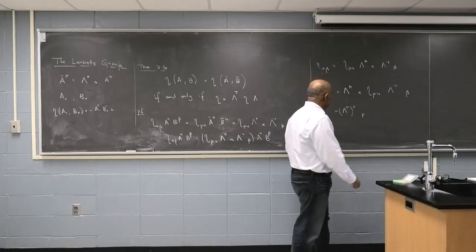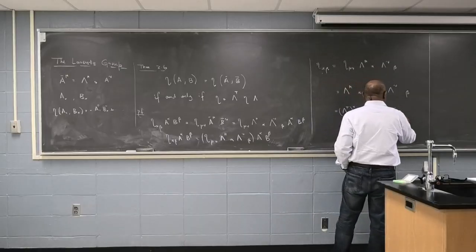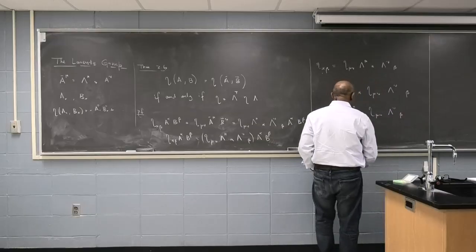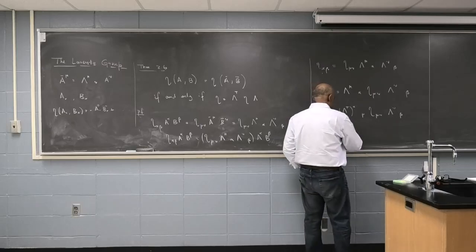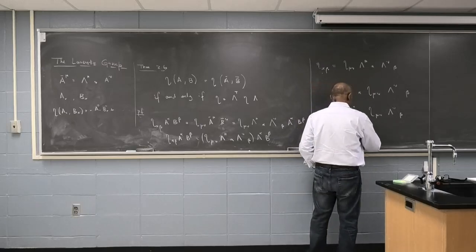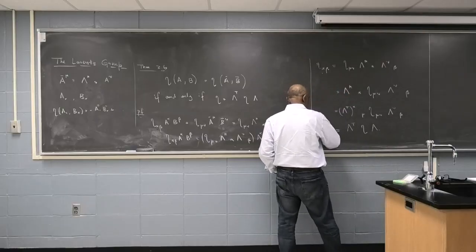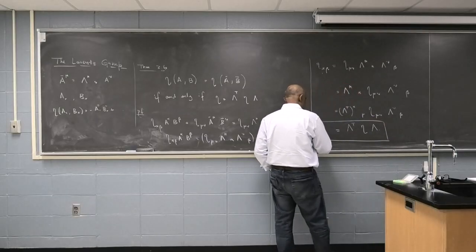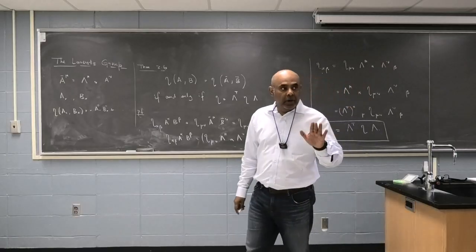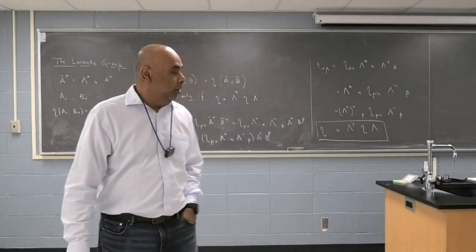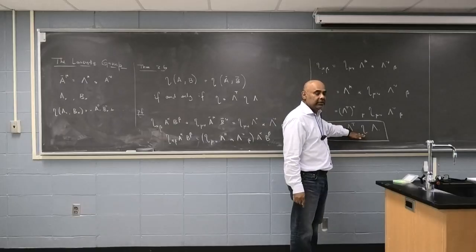Correct? And then I have nu beta. So now I'm going to write it as matrix multiplication, and we have our result. All inner products are preserved only if the matrix lambda satisfies this expression.